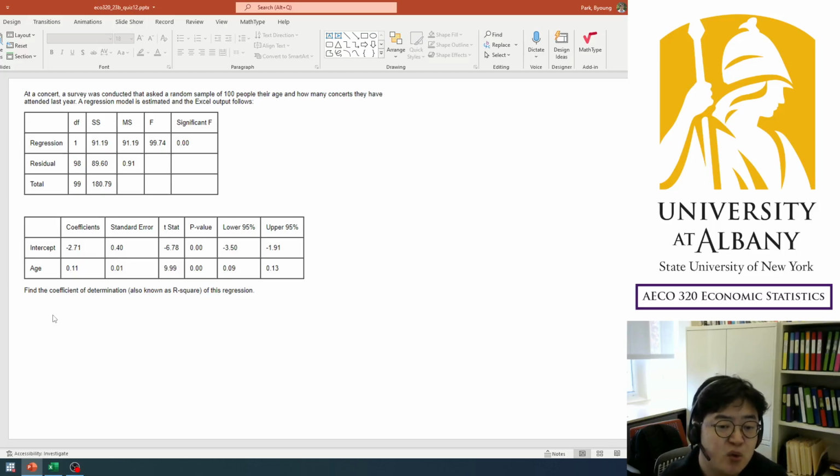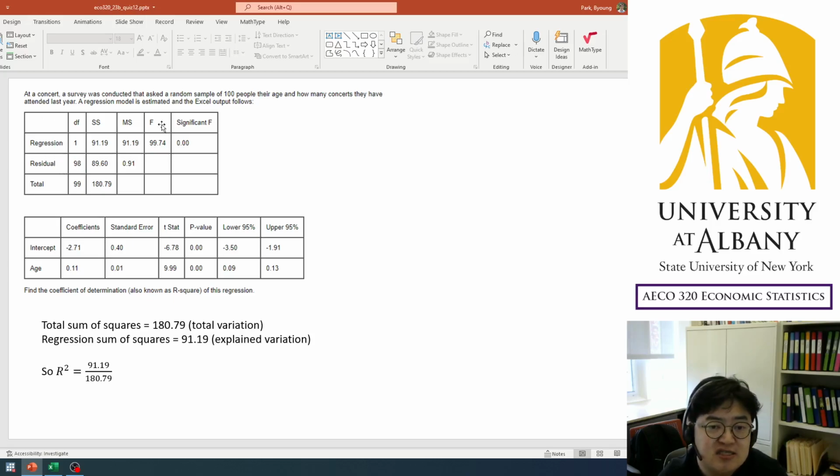Then find the coefficient of determination, which is the R square of this regression. It's also pretty standard. You need to read this table. SS is the sum of squares. Among them, we are interested in the total sum of squares, 100.79. This is the total variation in your data, the variation in the number of concerts.